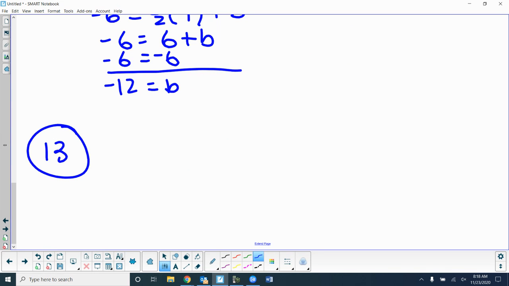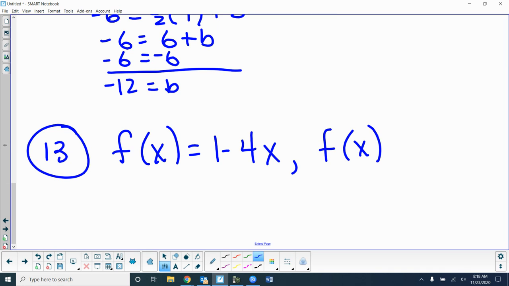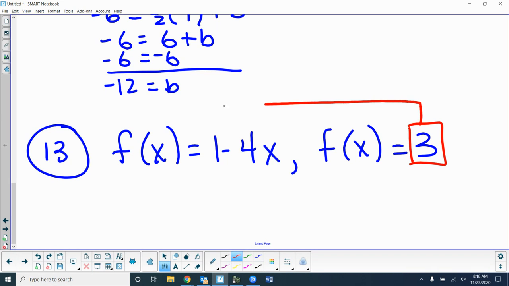Right, 2 more. Really easy problems. It says f of x equals 1 minus 4x. I get a lot of kids that miss this, but it's really easy. I'm substituting this 3 in for the f of x, because that's what f of x equals.